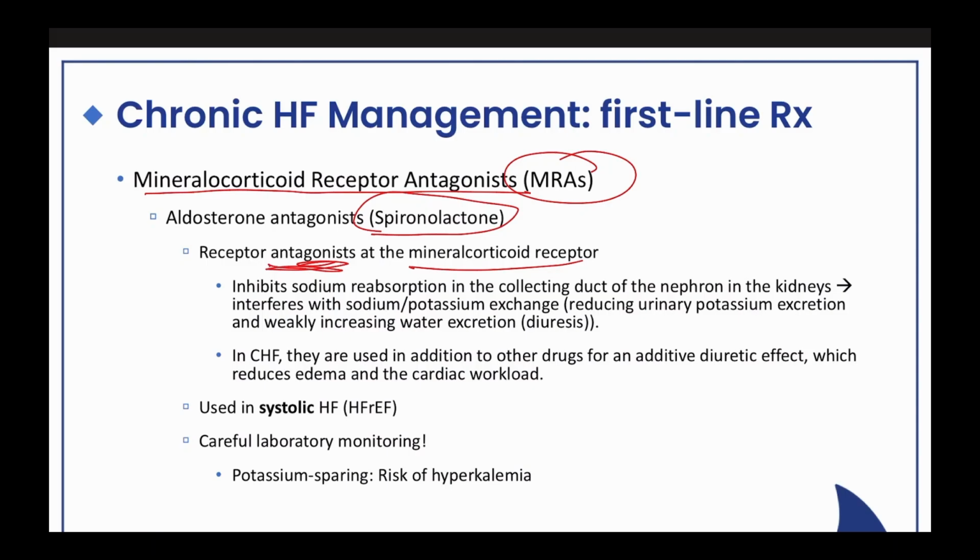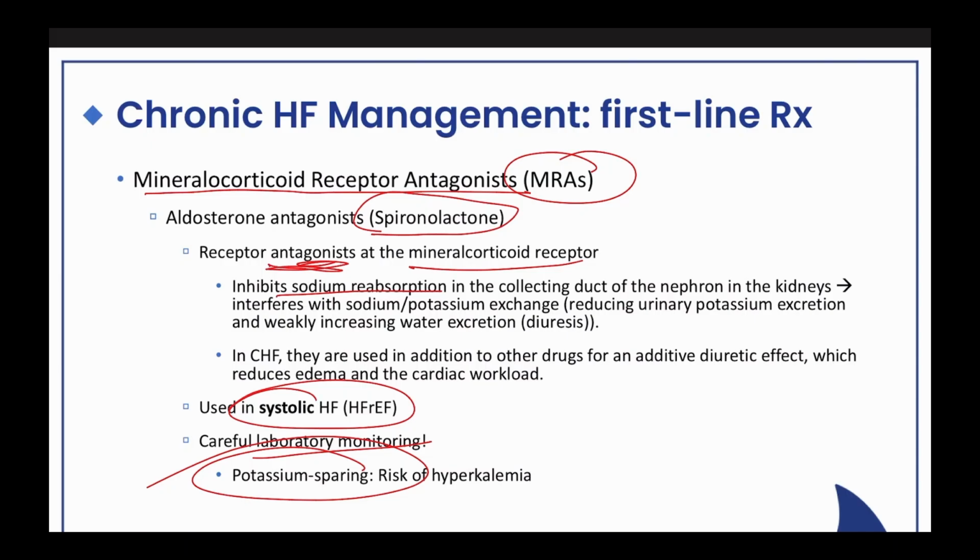And they can keep the drug private because they changed the dose. So, inhibit sodium resorption in the collecting duct of the kidneys so water stays in the nephron and we pee it out. Use in systolic heart failure. Careful lab monitoring. These are potassium-sparing diuretics. So remember, aldosterone, sodium and water resorption, potassium excretion. But now we're blocking the aldosterone receptor.